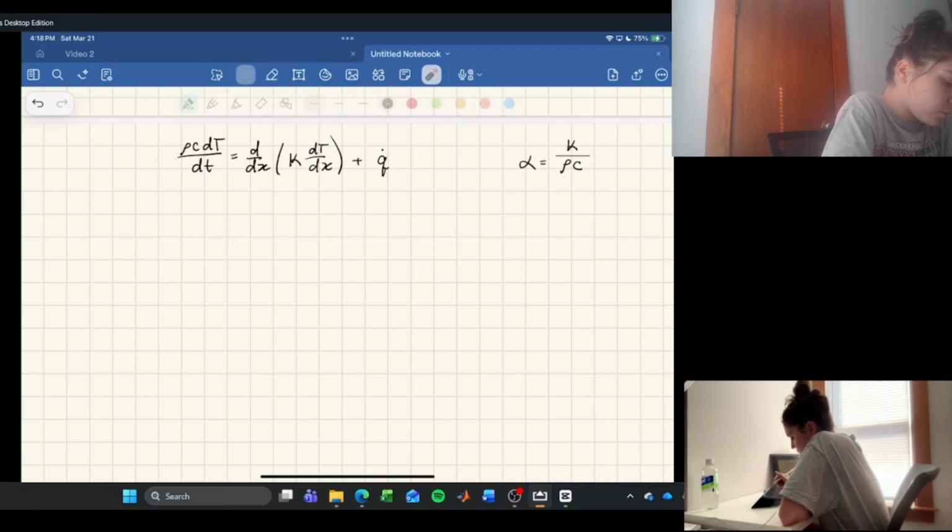by dividing that over. It would be the change in temperature over the change in time is equal to, this is going to stay the same.